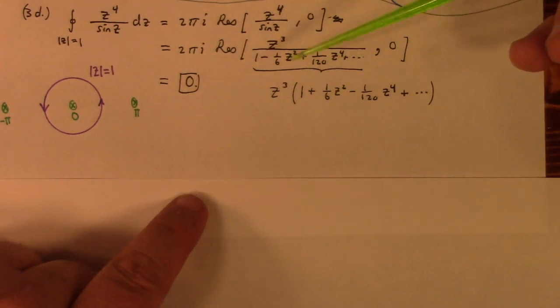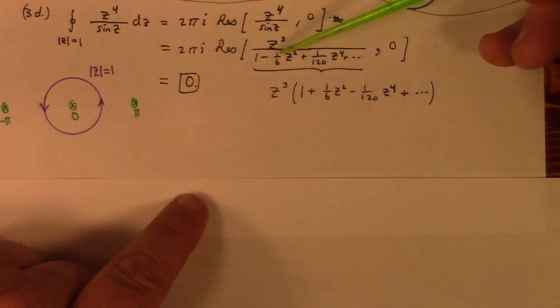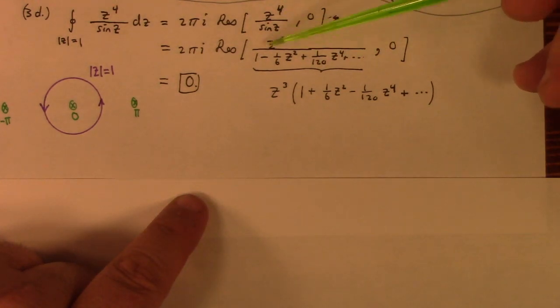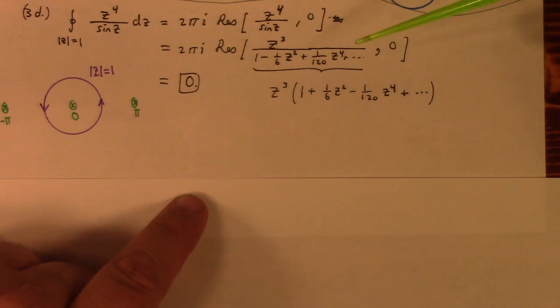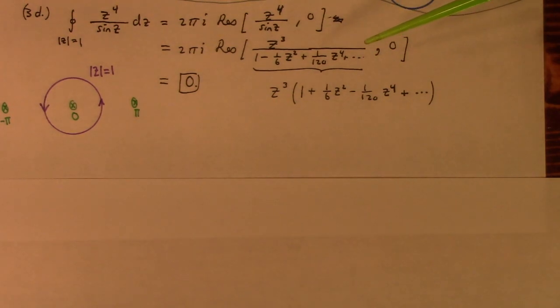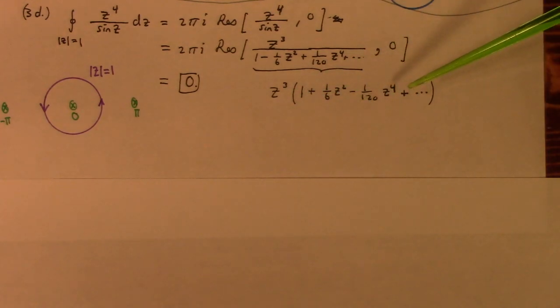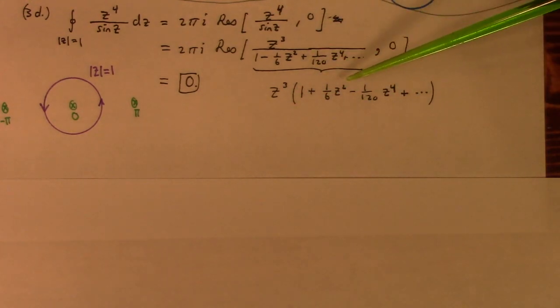So let's see here. Z to the fourth over sine z. There's the Maclaurin expansion for sine, but I've already divided out one power of z. And then... wait, what? What's this? Oh, I factored out a z cubed, I guess.